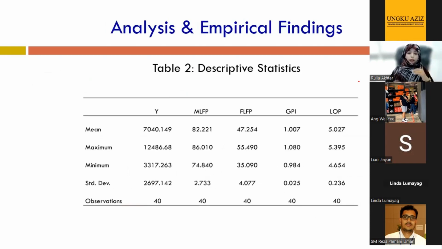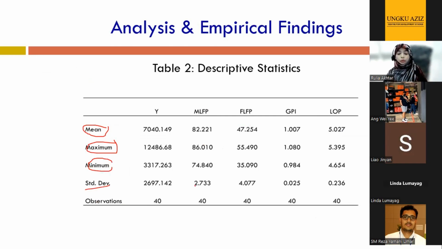Now I will show you how many steps I did. As I have already mentioned, we need to do the descriptive statistics. In some articles or research papers, you can see all the things, but we need only mean, maximum, minimum, standard deviation, and observations. That's enough.